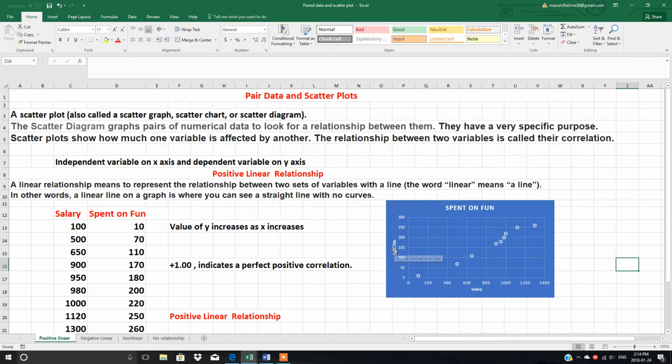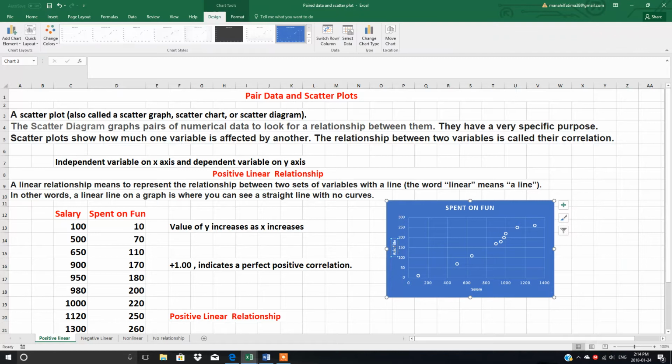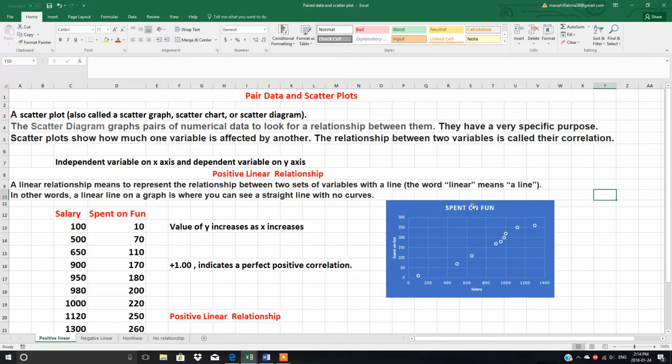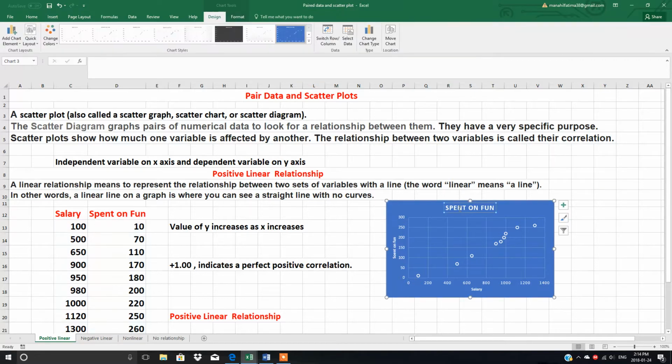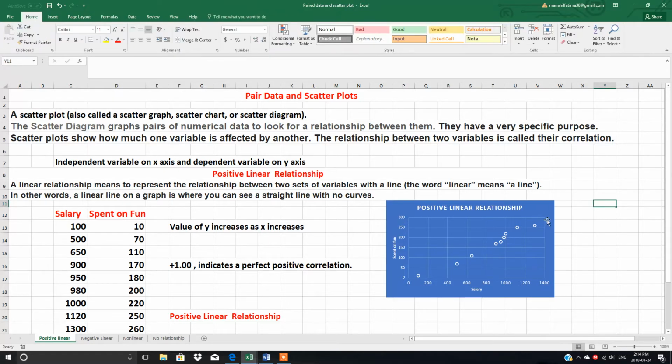Similarly, on the y-axis write amount spent on fun. And here is your heading or chart title. If you want, write positive linear relationship. This is the graph.